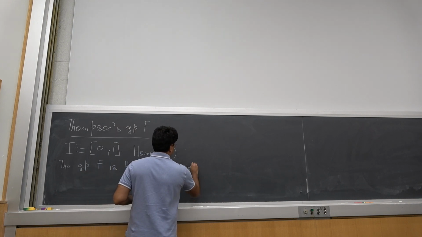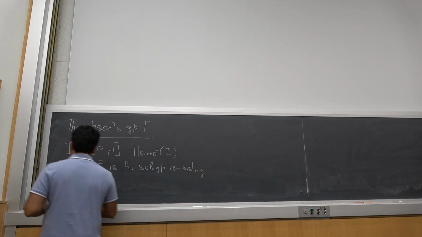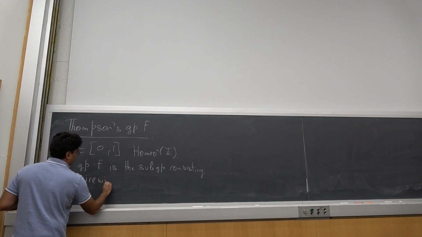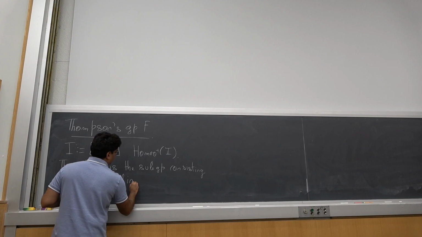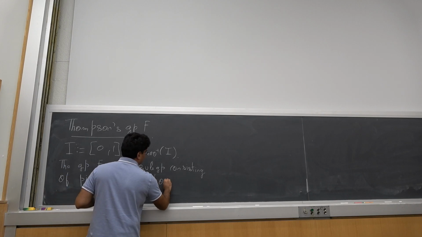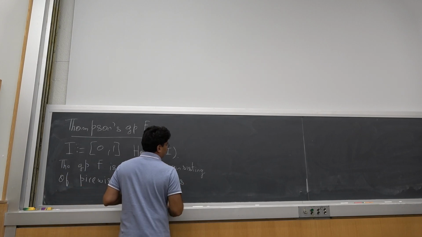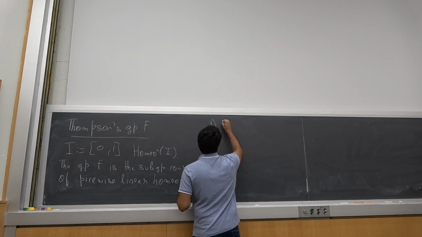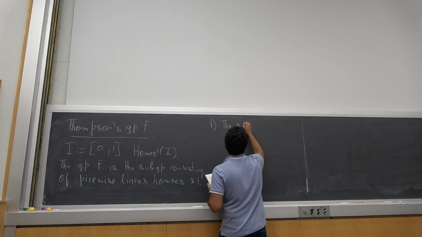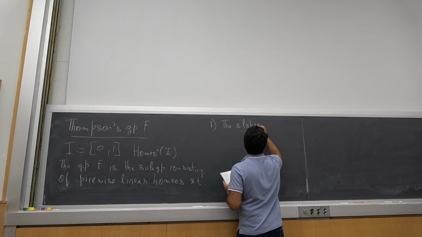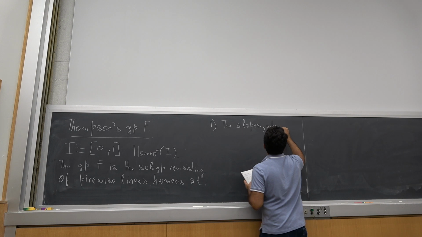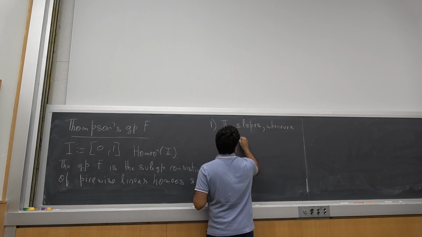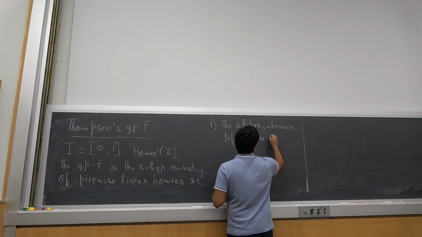Consisting of piecewise linear homeomorphisms such that the following holds. So one, the slopes, whenever defined, are integral powers of 2.